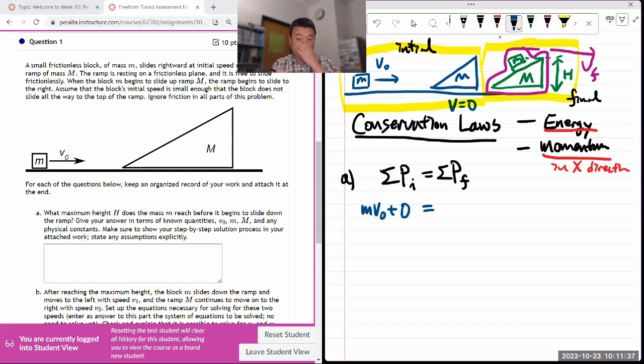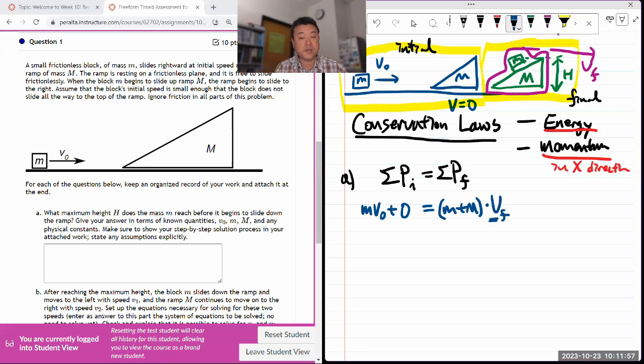and this is where you can simplify how you set it up. If you can treat these blocks as moving together at that moment in time, then it's just one object of mass small m plus big M times the final speed v final.